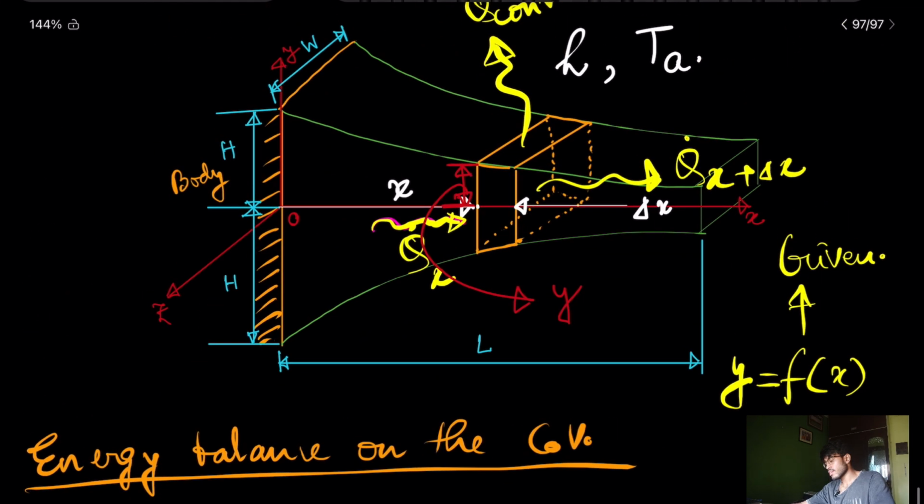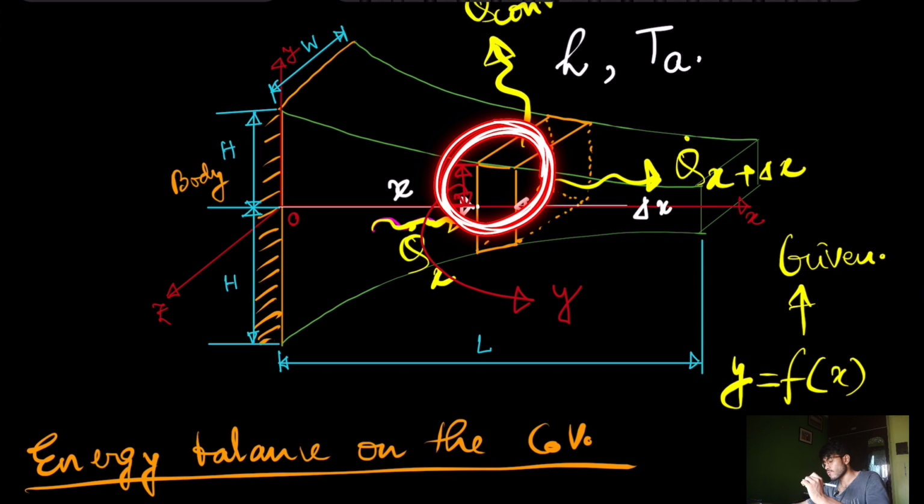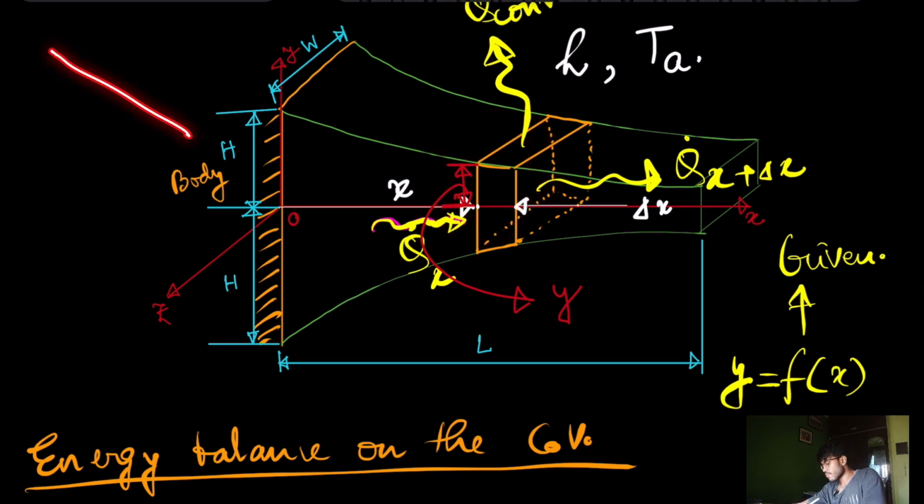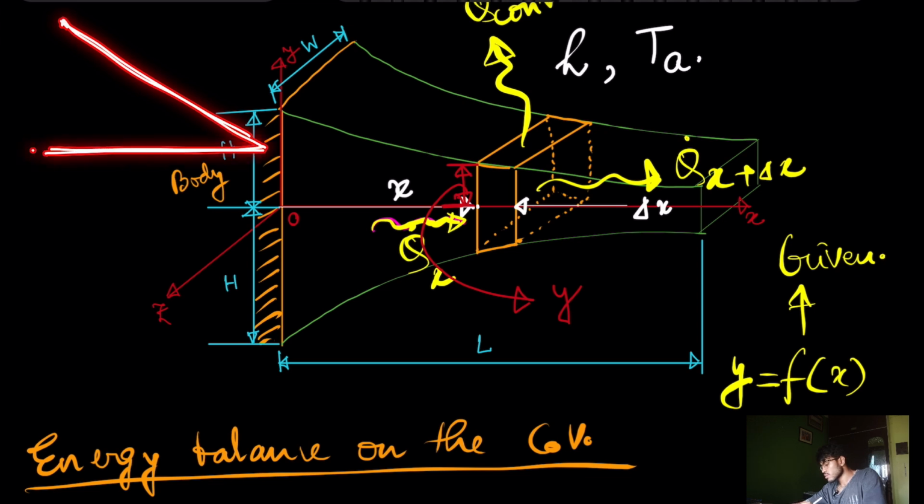See, if I zoom this part, what will happen? Actually it is a curved part, but if I take this delta x to be very small, then it is something like this. So this part and this part we will take.